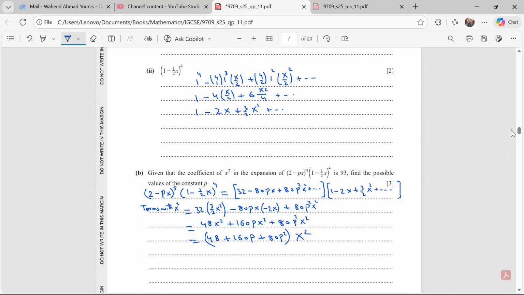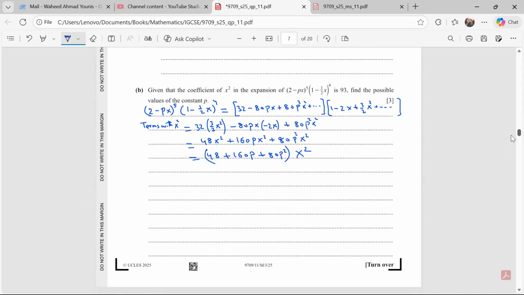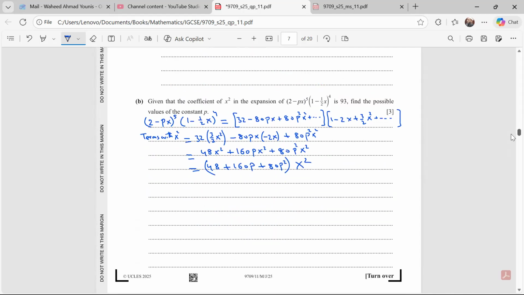Okay, now we are given that the coefficient of x square is 93. So that means this whole thing would be 93. So 80p square plus 160p plus 48 is equal to 93.